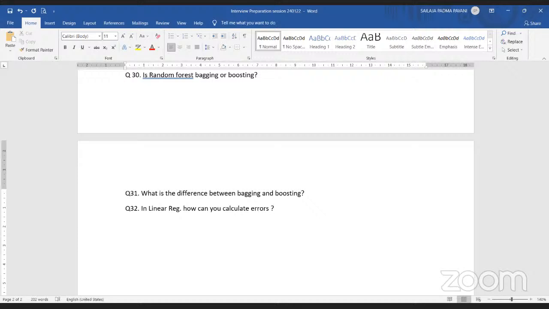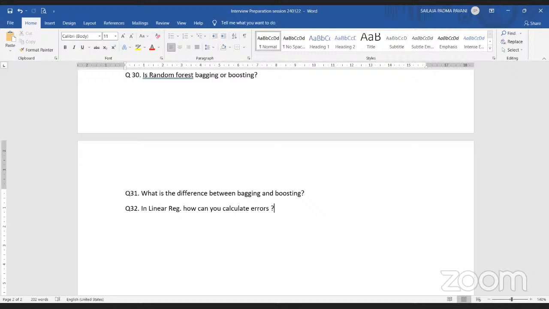That is the distance between the observed output value and the predicted output value.